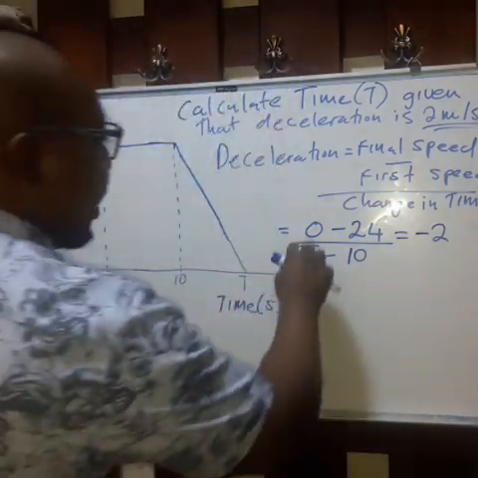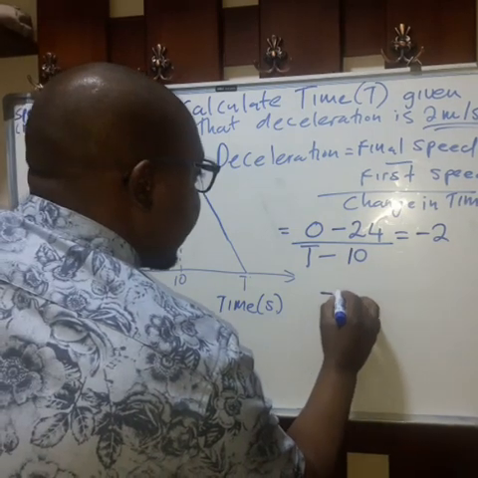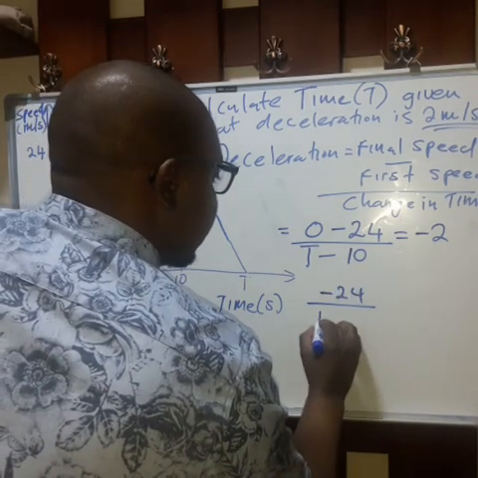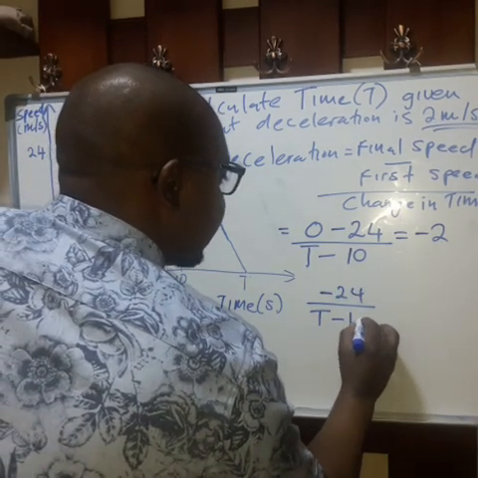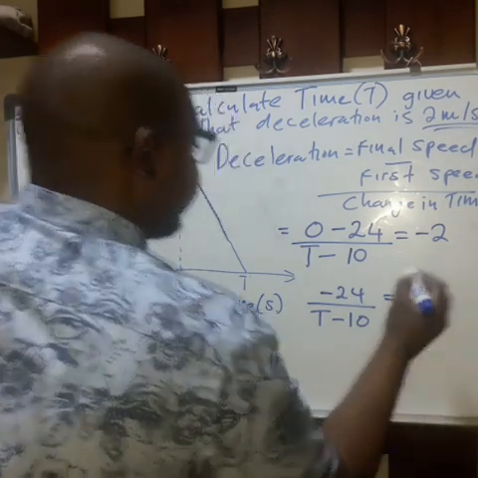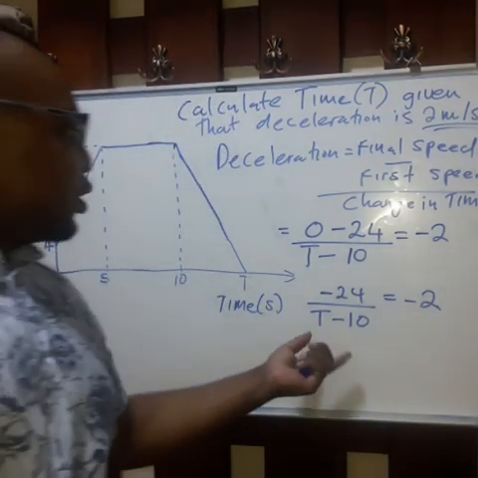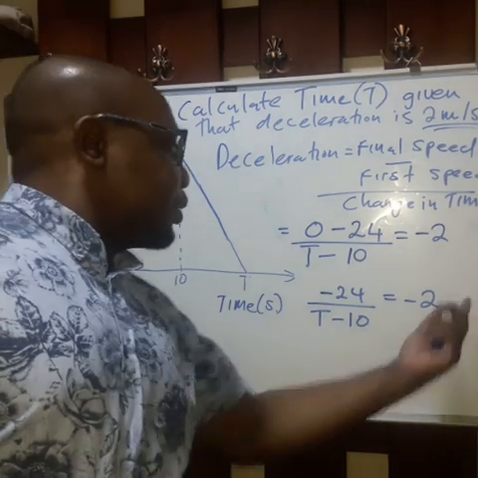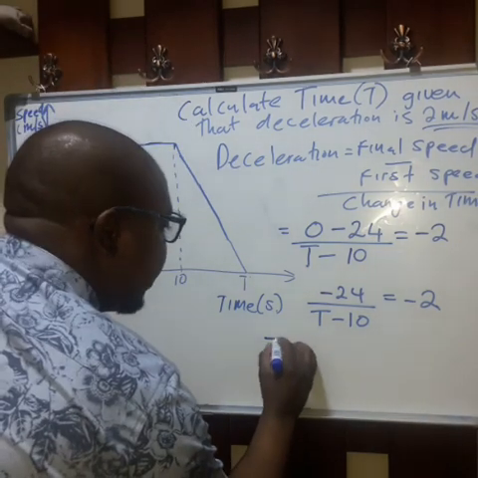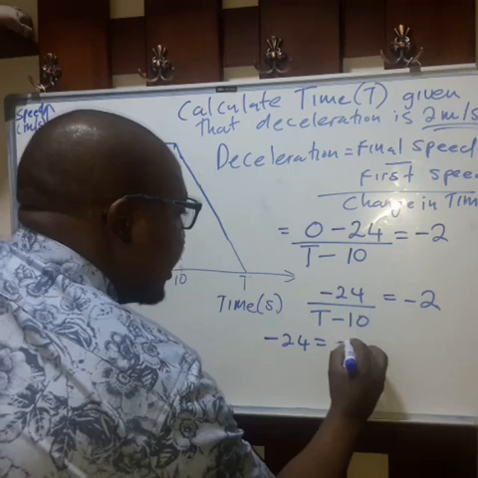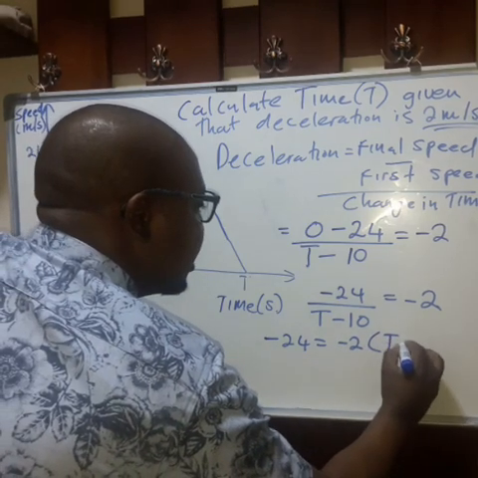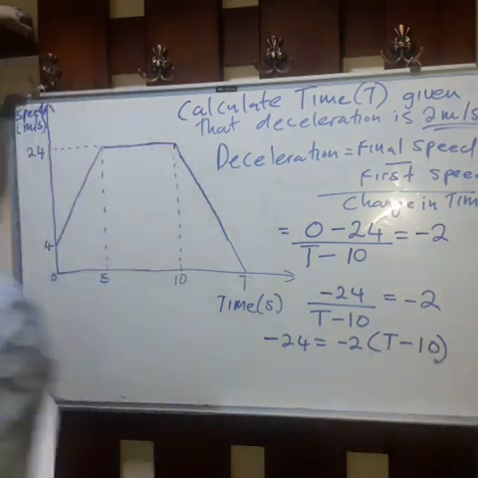On top, 0 minus 24, I get minus 24. At the bottom is t minus 10, equal to minus 2. I cross multiply this bottom value with the right side, so it's minus 24 is equal to minus 2, open bracket, t minus 10.